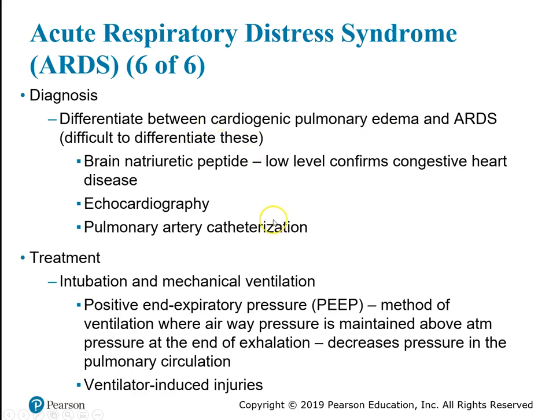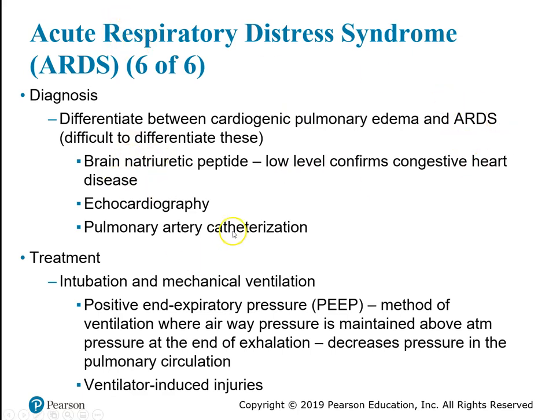Okay, so it's difficult to differentiate these clinically. One of the ways they differentiate them is by looking for brain natriuretic peptide. If there are high levels of this, it will confirm congestive heart failure, right? So you don't see high levels in ARDS.